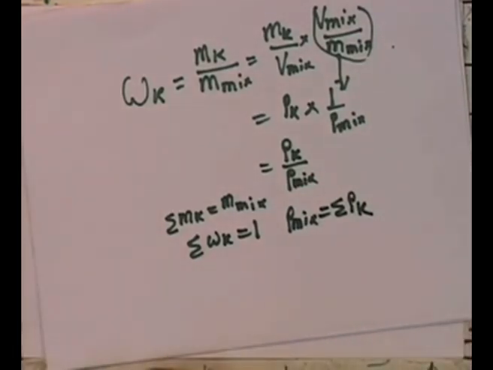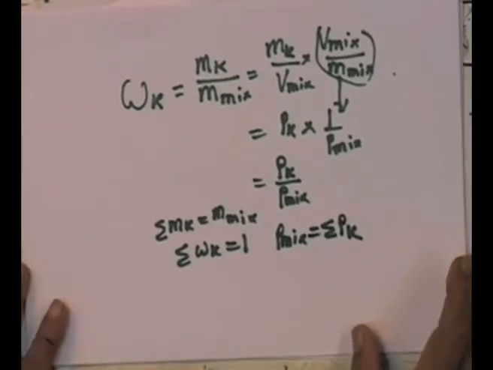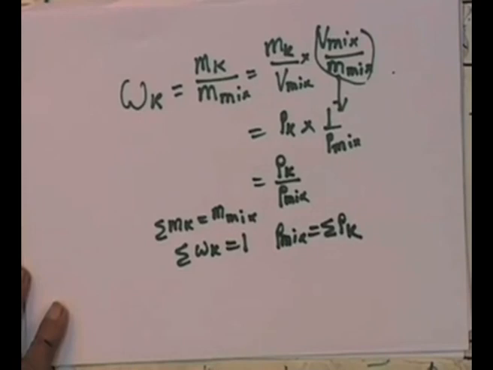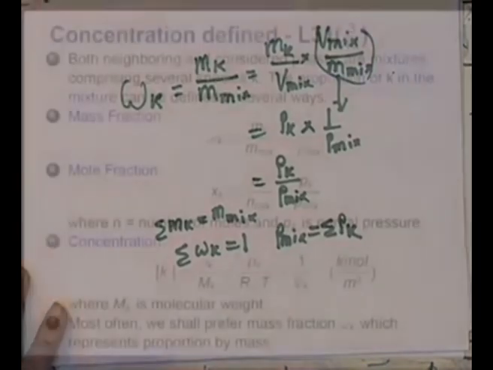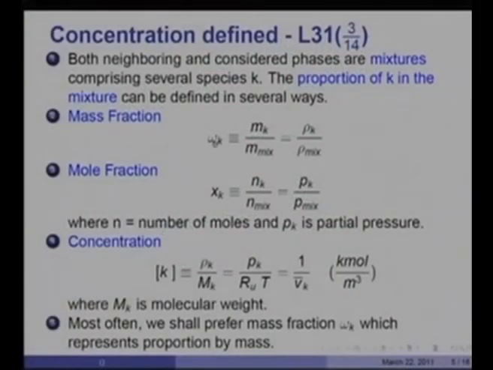Now, this is a very important relationship that we will be using to define the proportion of a species K in the mixture, that is, the mass weighted proportion, defined by the symbol omega_K equals rho_K by rho_mix, and it uses Dalton's law.